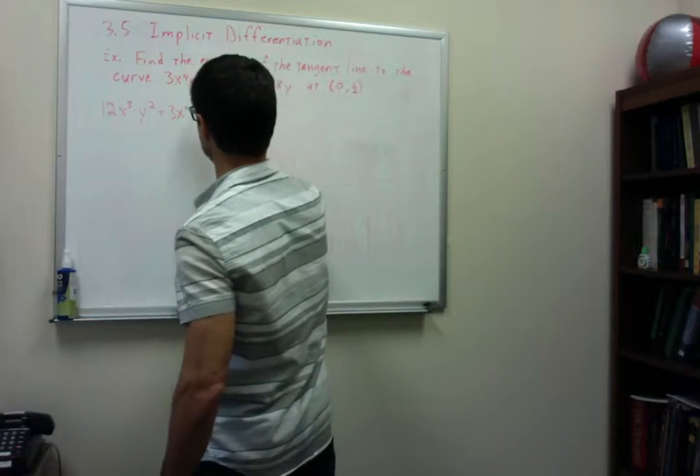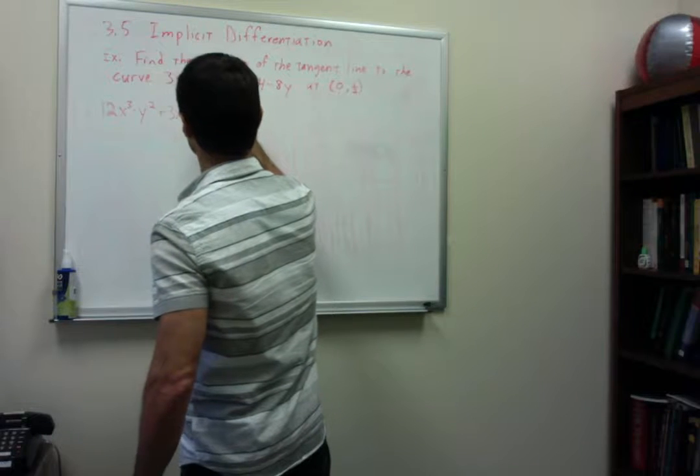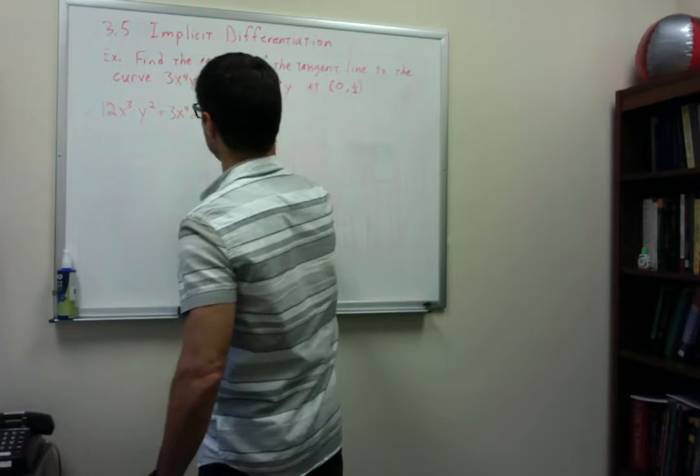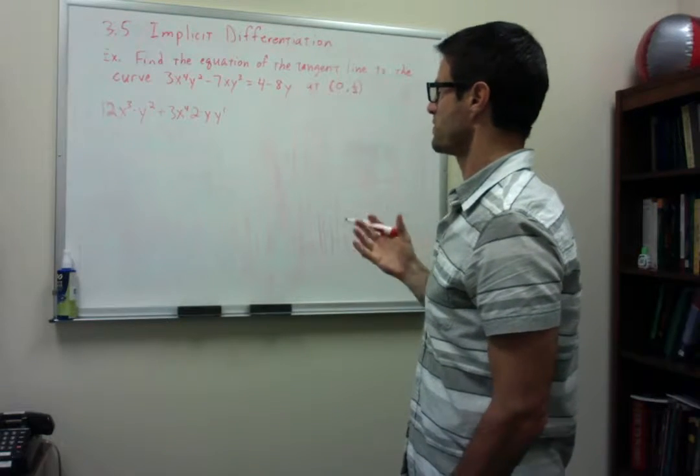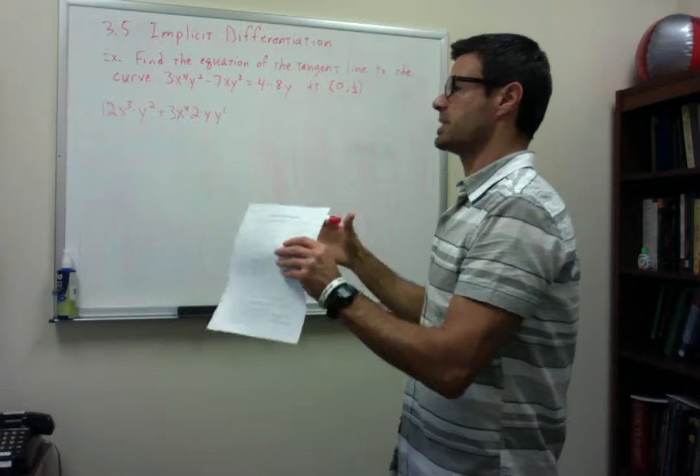The derivative of y squared is 2y, but then times y prime.